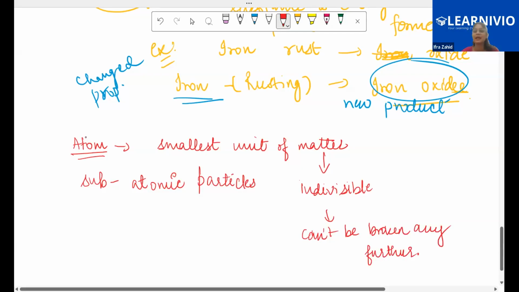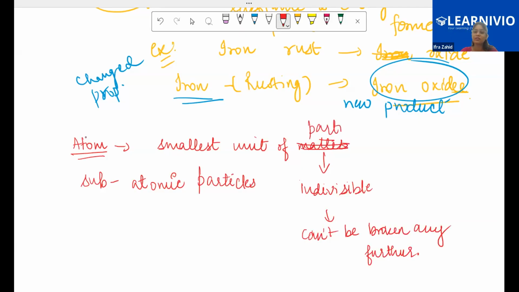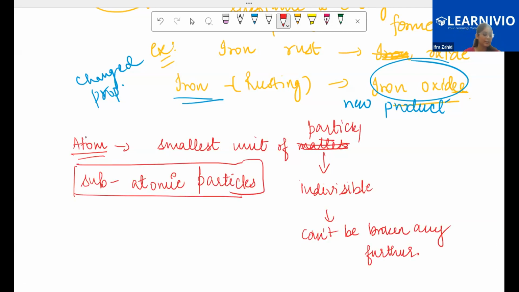That is why we say that it is the smallest unit of matter, or smallest unit, sorry, particle. Okay? Okay, ma'am. Because you cannot divide it any further, although it is made up of certain few more things which are called subatomic particles. But we consider it the smallest unit because you can't divide it any further. Clear? Yes, ma'am.